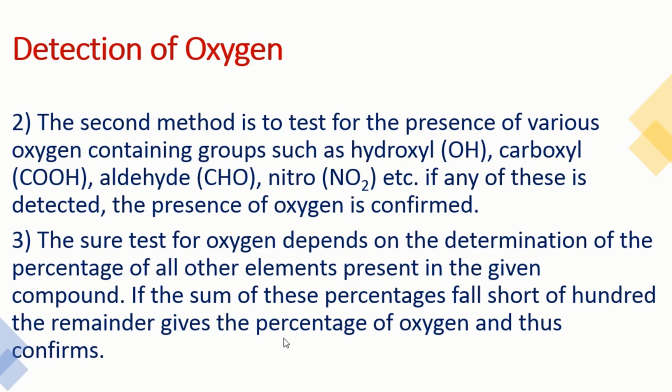For example, if carbon, hydrogen and nitrogen percentages add up to 90%, it means there is 10% oxygen. So we add the percentages of all the elements and subtract from 100, and that value shows the percentage of oxygen in the organic compound.